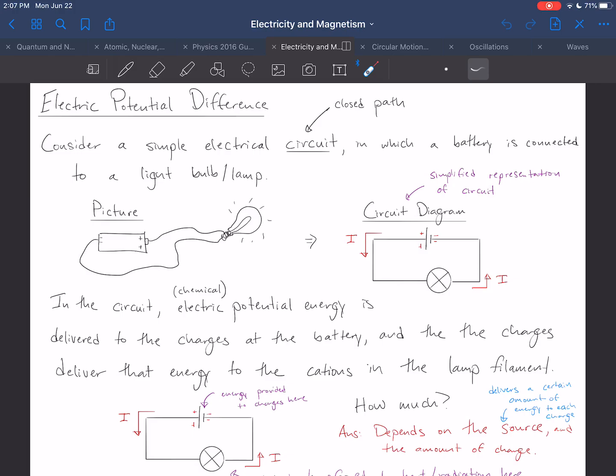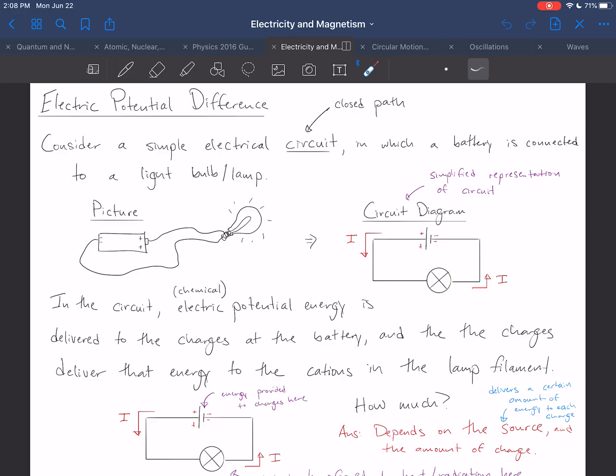The battery is where that electric potential energy is given to the charges or stored. And the charges then deliver that energy to the cations in the lamp filament. In other words, as these charges move along in their electric current, they run into the positive ions in the metal of the lamp filament.